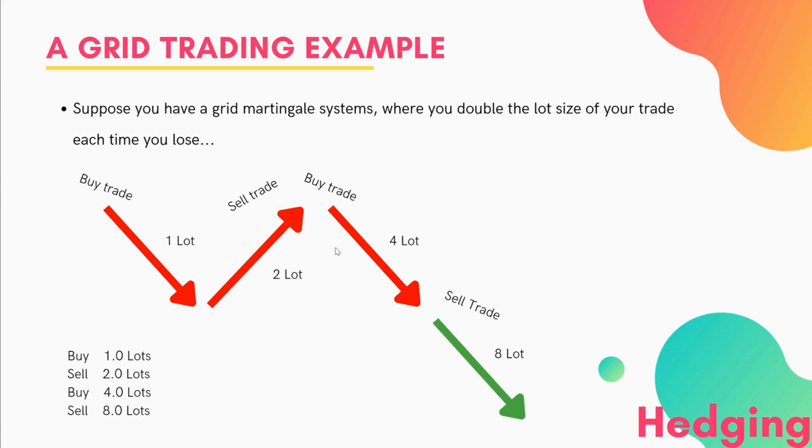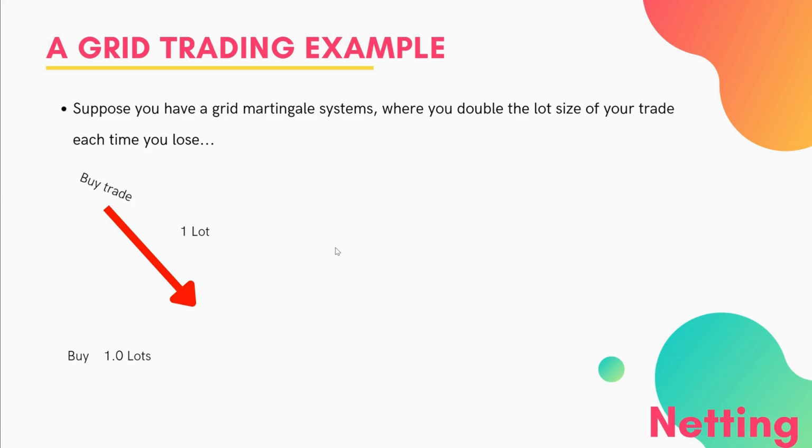would be quite challenging. So if we switch to a netting example, and you're going to have to bear with me on this one, we have the same situation again. We open a one lot buy trade that goes against us. So we decide that, remember, our net position needs to be 2 lots in the opposite direction.